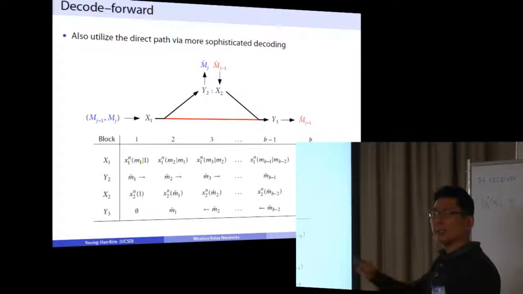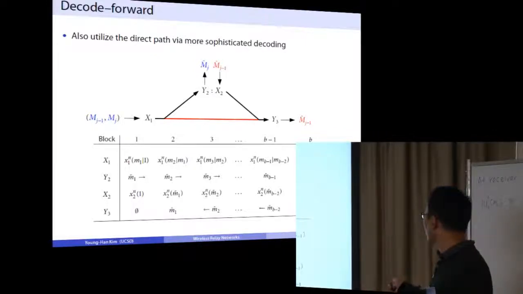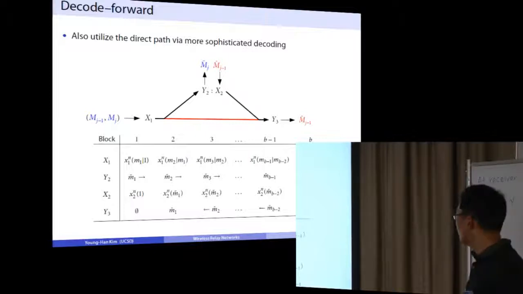Because at block B, X1 has exhausted all the messages it had to send, so it is only helping the relay communicate M_{B-1}. So now it's very easy to recover a single message out of two signals, X1 and X2. You can even view it as distributed MIMO. There is a single message, and X1 and X2 are trying to cooperatively send the same message. So we can recover it.